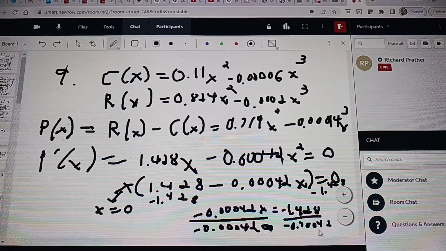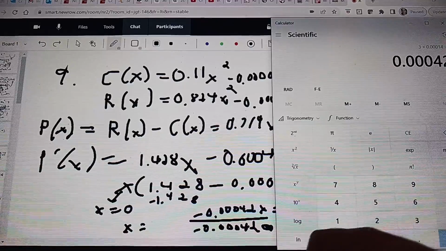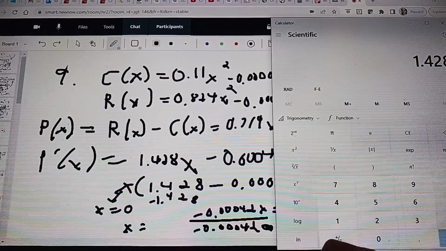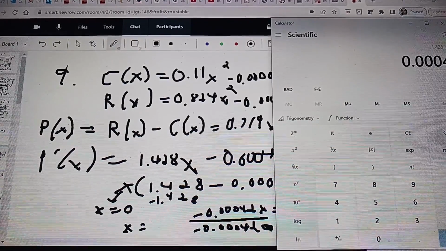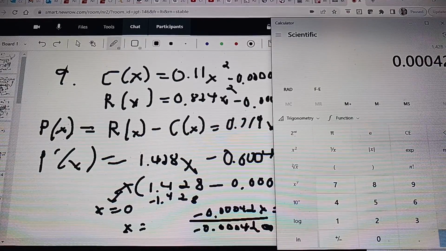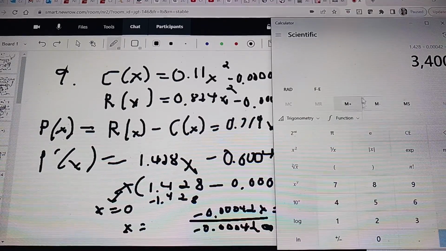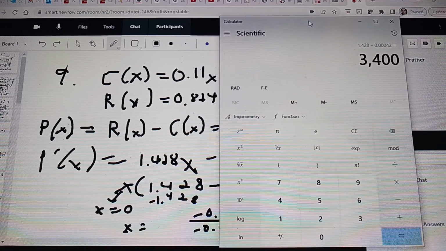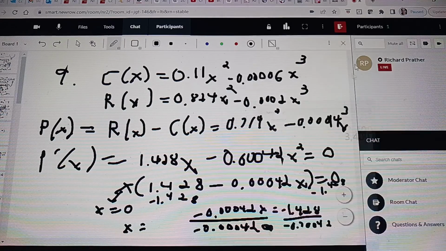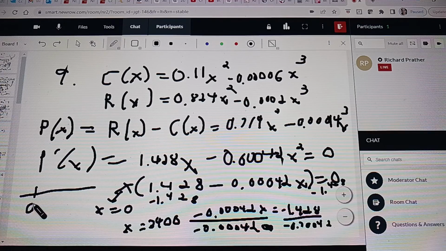And the 2 negatives are going to be a positive. So I can just type in 1.428 divided by 0.00042. And does this come out nicely? Yeah, it's large, but it came out nicely to 3,400. So my number line would be 0 and 3,400.